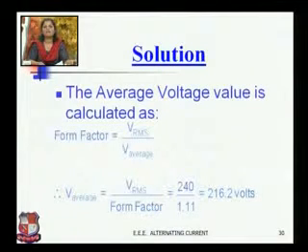Now the average voltage is calculated by using the form factor, which is equal to V_RMS upon V average. V_RMS is already known, so V average is equal to V_RMS upon form factor. V_RMS is 240 and form factor is 1.11, which gives 216.2 volts.